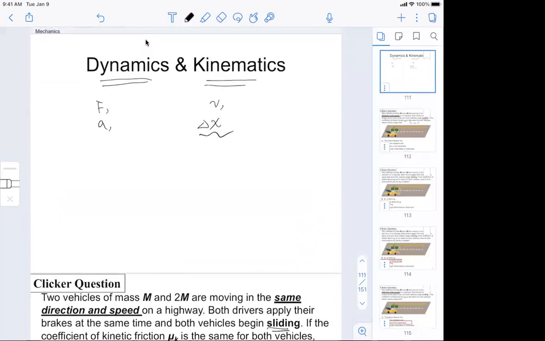Because if you think about this, velocity final squared minus velocity initial squared equals 2a times x final minus x initial, right? You can see if they start out with the same speed, this is the same, and they both stop with final velocity 0. So this stopping distance is really just going to be affected by the acceleration.